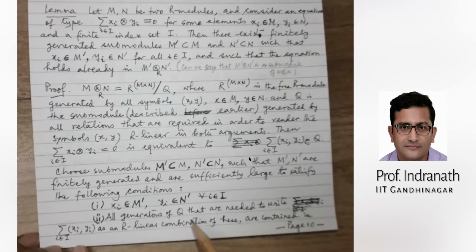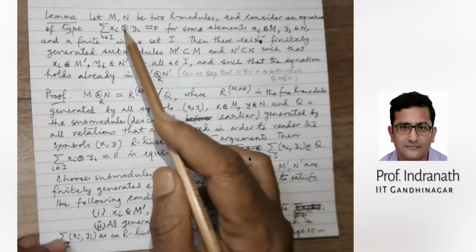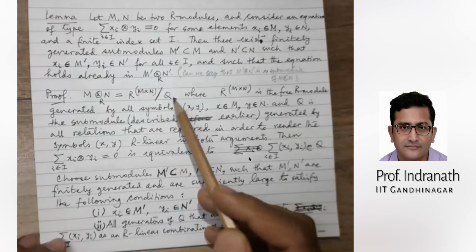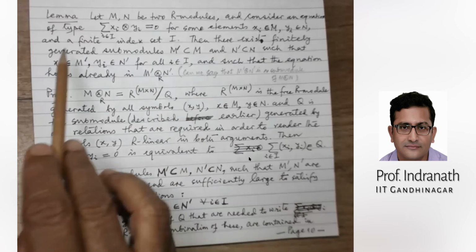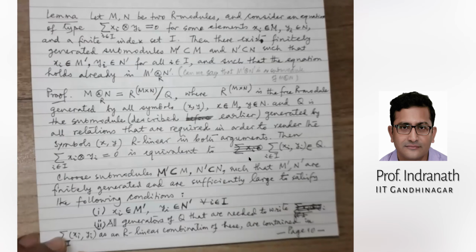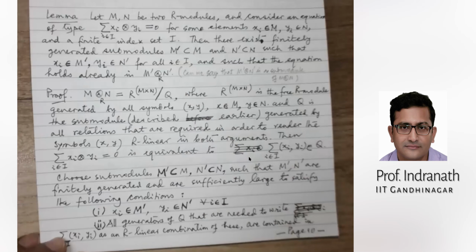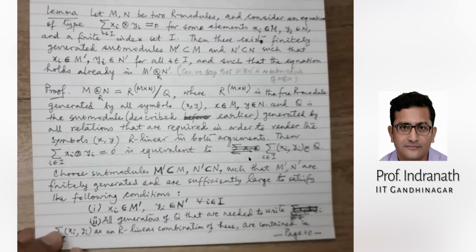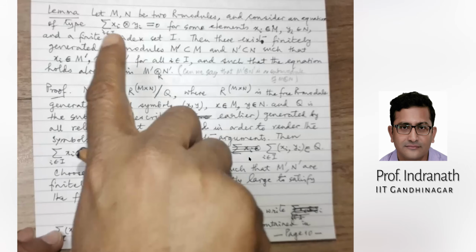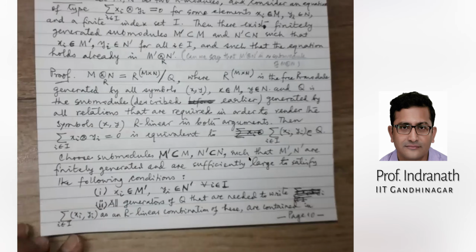Why? Because this is 0, therefore this belongs to Q, in the unquotiented situation. Q is generated by all those bilinear relations. So you just take all those which are needed to write this as a finite sum, and push them. Let me go to the next page.